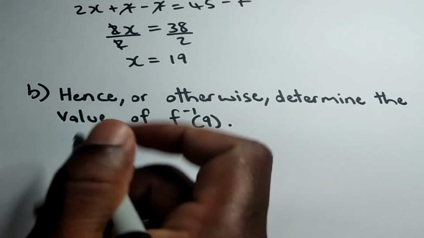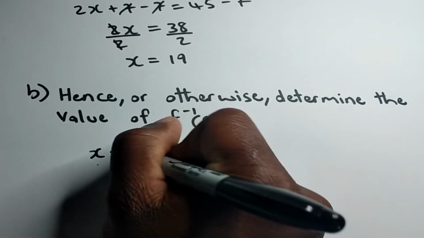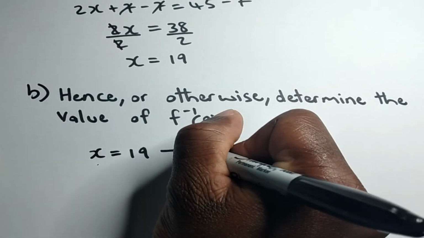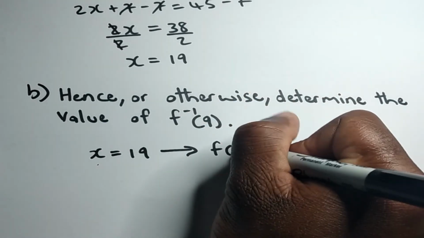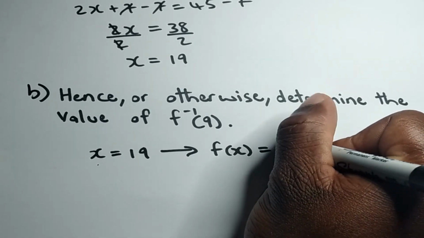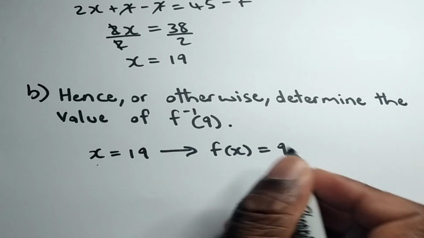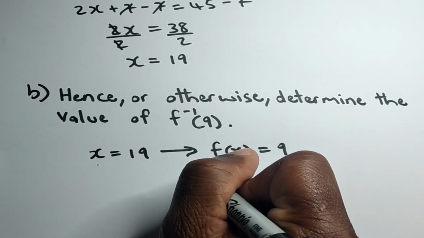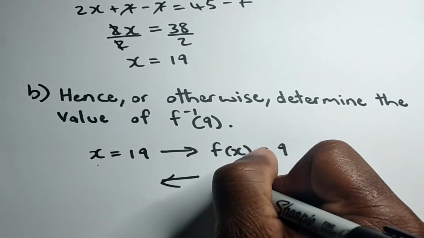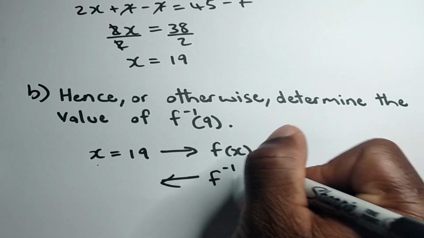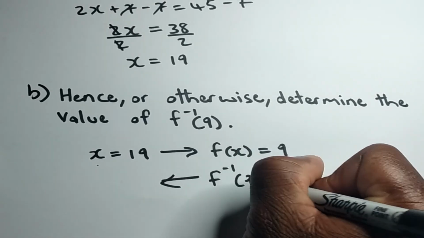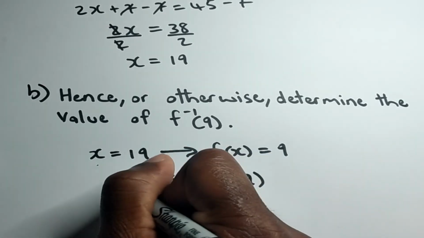All right. So if x equal 19 would be mapped to f of x is equal to 9, then the inverse of this thing would be the opposite. All right. So the other way around. So f inverse of 9, the result that we'll obtain would actually be 19.